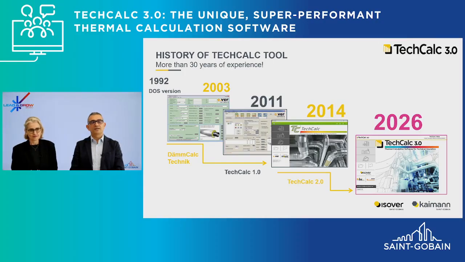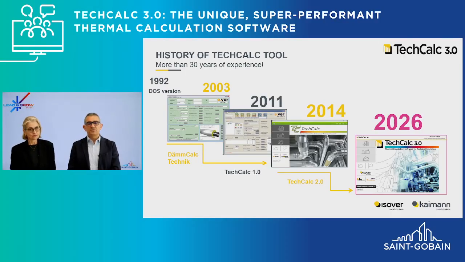The first version of the technical calculation software was launched in 1992, and after some updates in 2003, TechCalc was launched in Europe according to the standard 12241. Of course, TechCalc 1.0 was launched in 2011 as a first version for Windows with an open database and a very big product library.